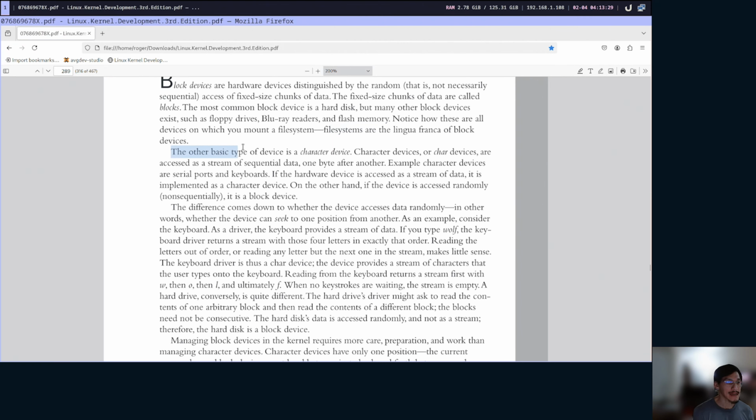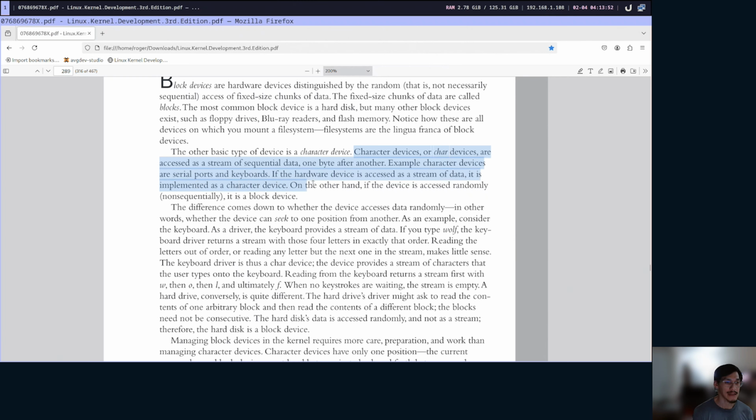And the other basic type of device is a character device. Character devices, or char devices, are accessed as a stream of sequential data, one byte after another. Example character devices are serial ports and keyboards. If the hardware device is accessed as a stream of data, it is implemented as a character device. On the other hand, if the device is accessed randomly, non-sequentially, it is a block device.